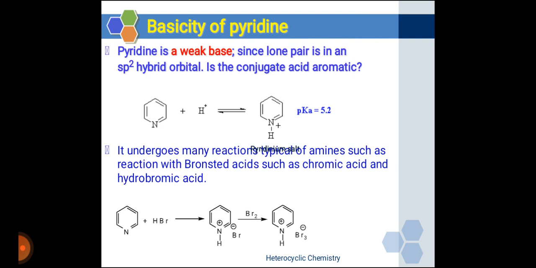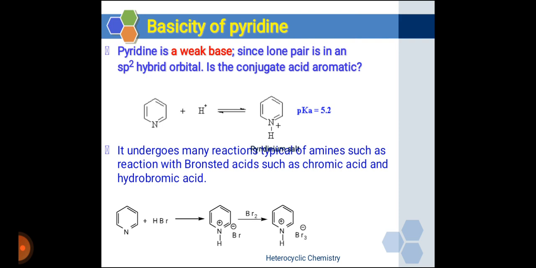So it undergoes many reactions typical of amines, such as reaction with Bronsted acids, such as chromic acid and hydrobromic acid. So the pyridine molecule reacts with HBr, hydrogen bromide. The nitrogen has a lone pair of electrons, and that lone pair is donated to the proton to form the NH bond.